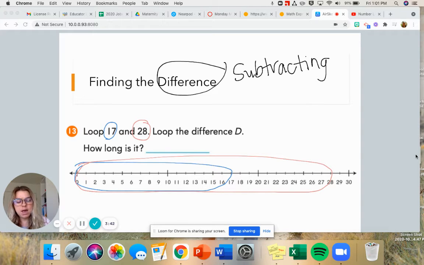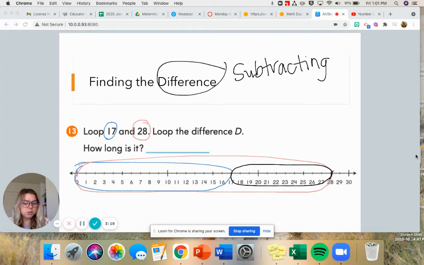Now, if I wanted to find the distance, that means how many steps, how many jumps, how many tick marks. Well, how many tick marks would it be to get from 28 all the way back to 17? And I'm going to loop that in black because that right there is our difference.